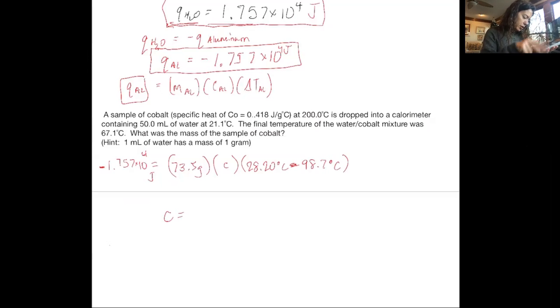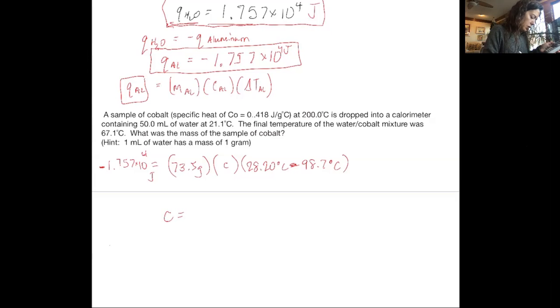So I'm going to pull those over here. Let's see, negative 1.757 E4 divided by parentheses 73.5 times parentheses 28.2 minus 98.7 parentheses equals.